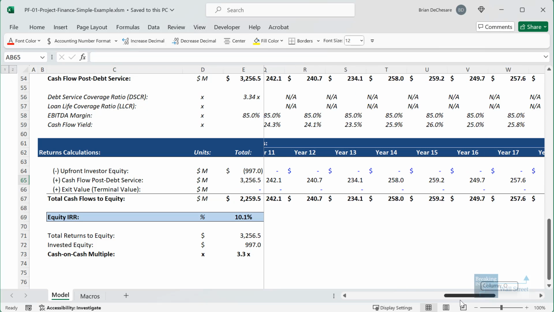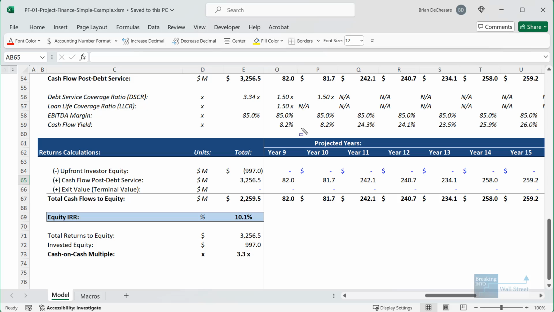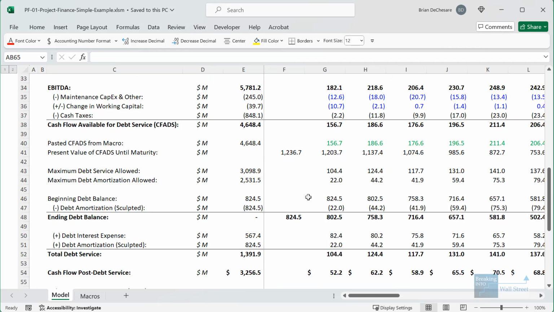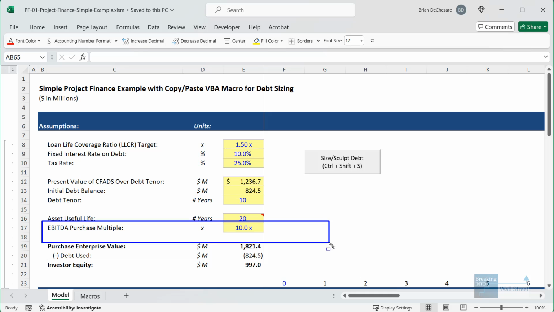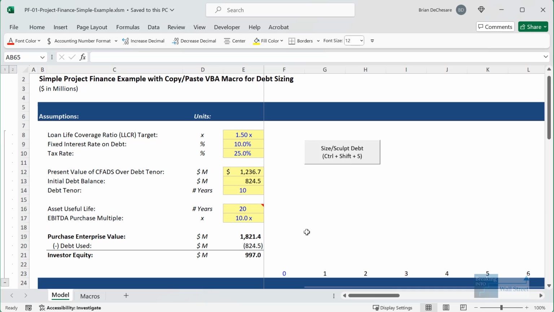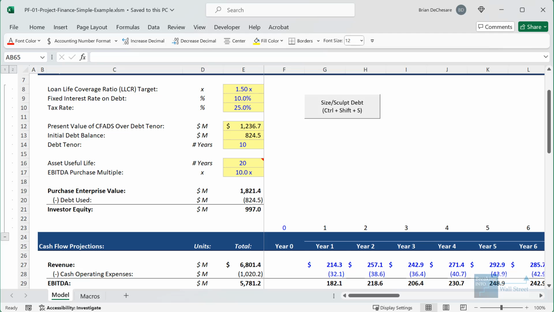Now, if we were to sell this asset in year 10 and it had 10 years of remaining useful life, it would be reasonable to assume something for the exit value, but we probably couldn't get a 10x EBITDA multiple. It would have to be lower than this. We don't know what it would be. We'd have to run the numbers, but it might be 4x, 5x, 6x, something like that, quite a bit lower than the 10x due to the fact that only half the useful life remains at that point.